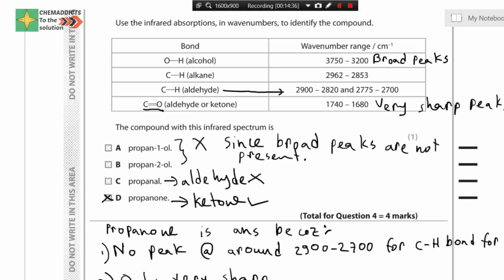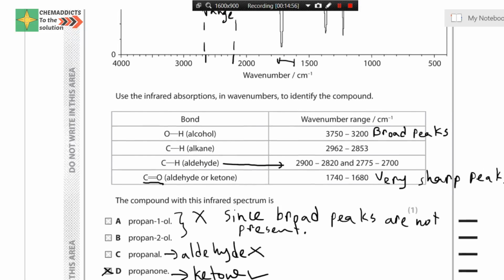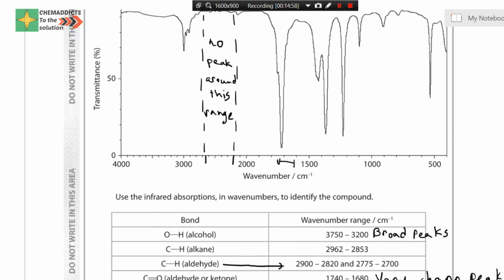Since only very sharp peaks are observed, this option should be ketone. According to the information we have, very sharp peaks around this range, so this option must be ketone. So ketone shouldn't be ignored.